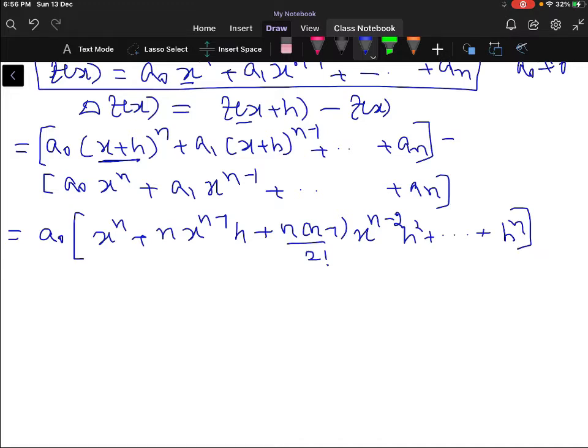This is a0 into x plus h whole power n. So similarly one can write a1 into x plus h to the power of n minus 1. Again by using binomial theorem we can write, so that is not required.